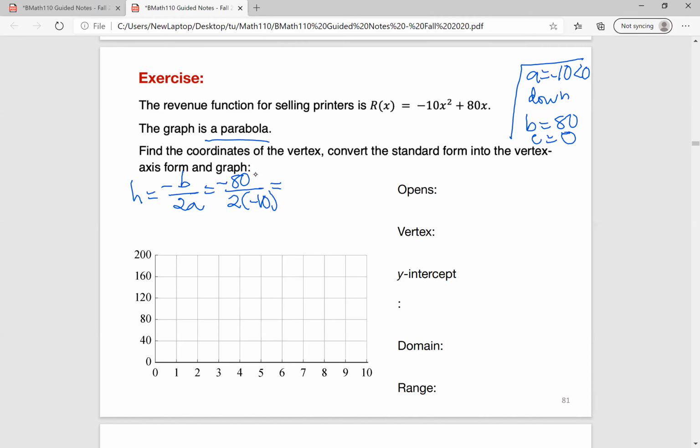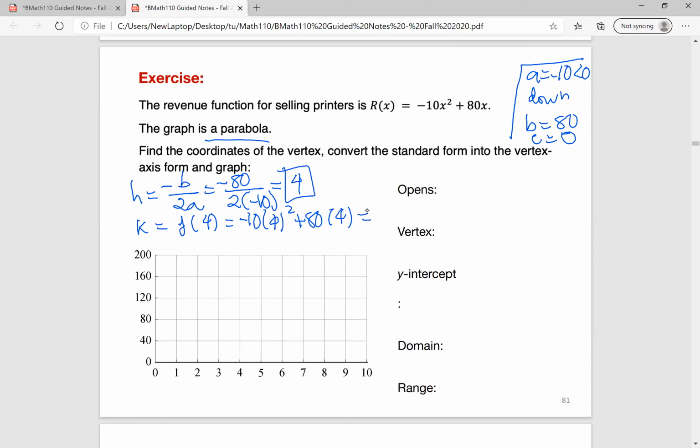So then you're going to have -80 over -20, so it is equal to 4. And k will be equal to f of 4. And you're going to have what? -10 times 4 squared plus 80 times 4. What is that going to be?